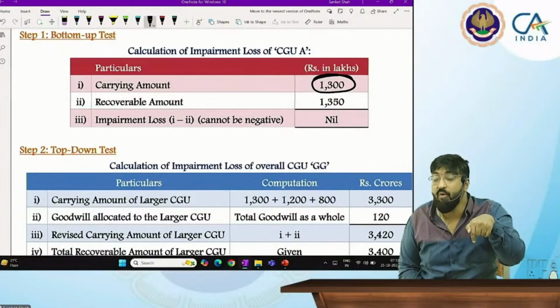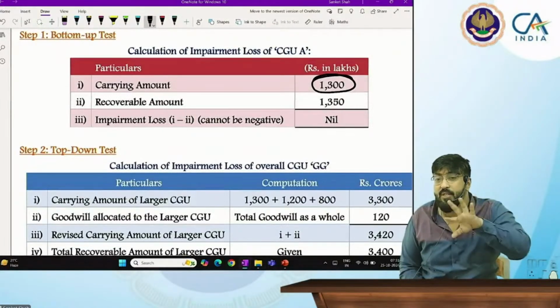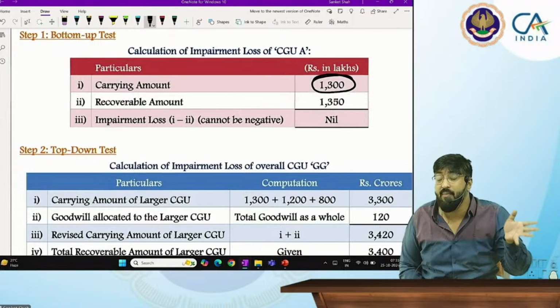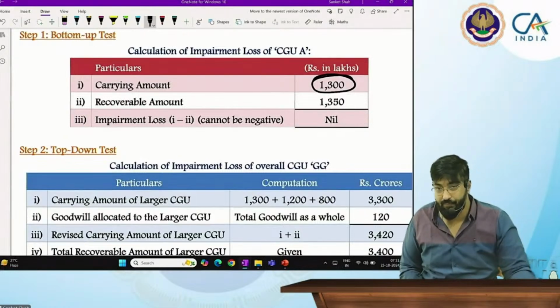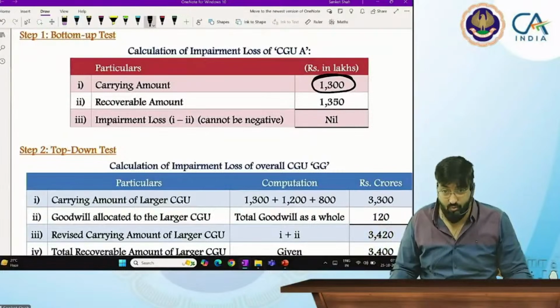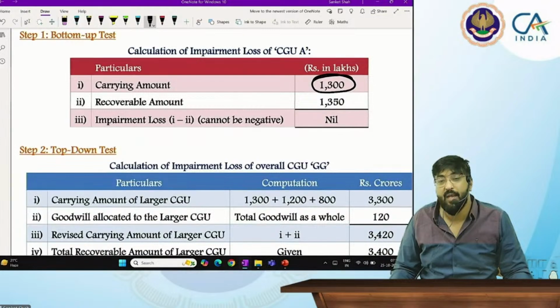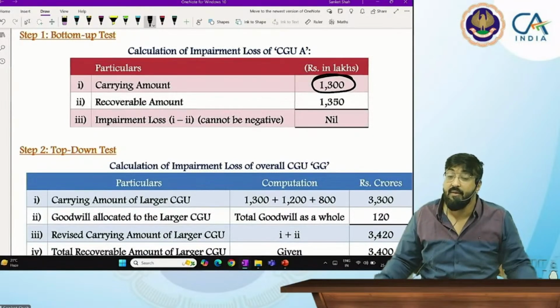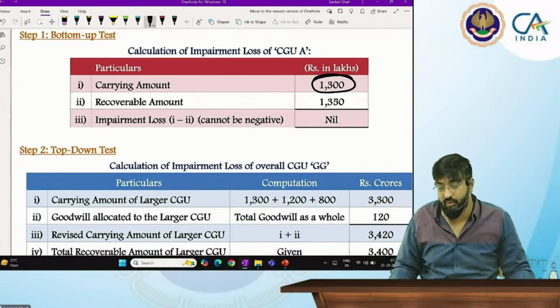And when you go by the top-down approach, if the CGUs are not independent but dependent, the whole company we will call a CGU. There is no active market for A, B, C. And therefore, we are considering a large CGU, that is M Enterprise, as one large CGU.